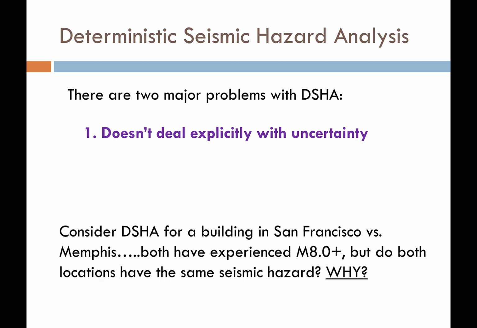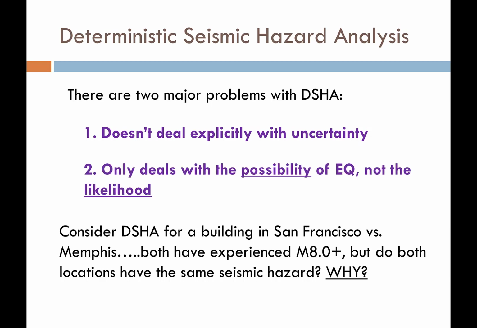You're just assuming that fault will have an earthquake during the lifetime of your structure, and that's an assumption you're making for your analysis with no type of thinking of well, could the magnitude be higher? Could the magnitude be lower? What if the fault ruptures at a different part of the fault instead of the closest segment to my site? All of those things, it doesn't deal with uncertainty.